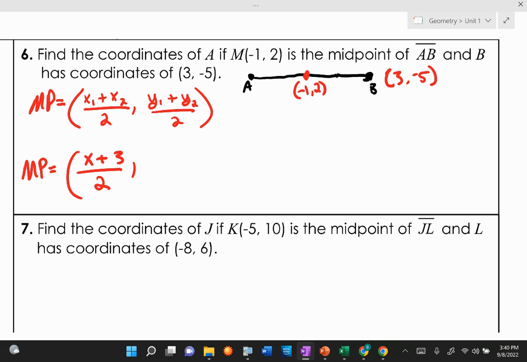And then we are missing our y1 and adding -5. So that would be x, that would be y. So -1. What plus 3 divided by 2 is -1?